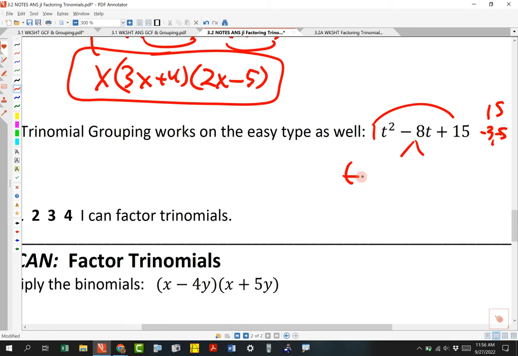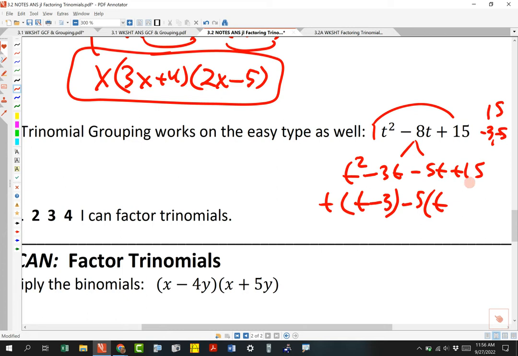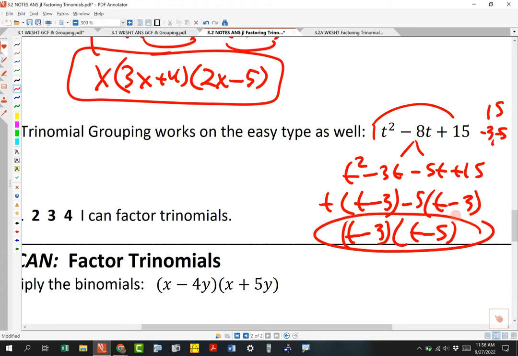Negative 3 and negative 5. So this is going to be a t squared, minus 3t minus 5t plus 15. Take out a t minus 3. Take out a negative 5, you'd be left with a t, and if I take a negative out of a positive, it turns it into a negative. So there's a t minus 3, and there's a t minus 5. Same answer we got earlier.